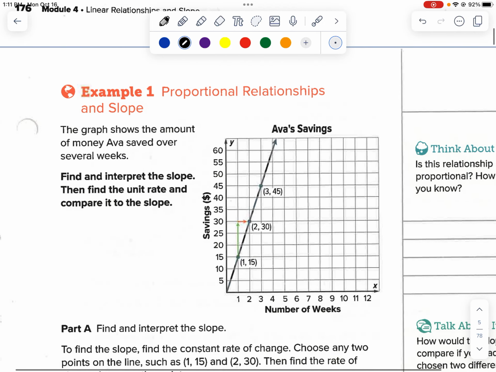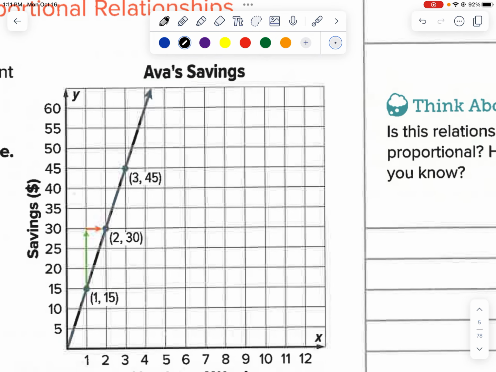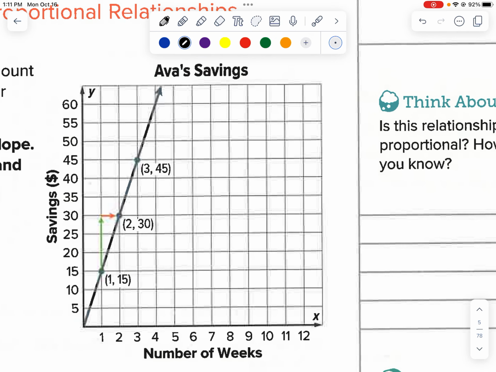Okay, so without even reading, we're going to come over here and look at this. Not even going to read. We're going to look for the change of y over the change of x. Actually, I want to do this first. I want to know from this point to this point, how far up did they go?